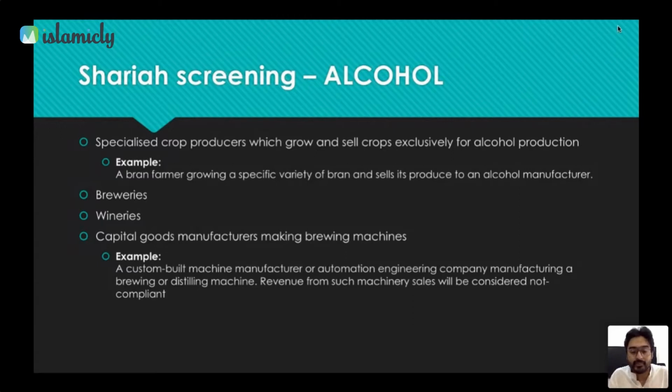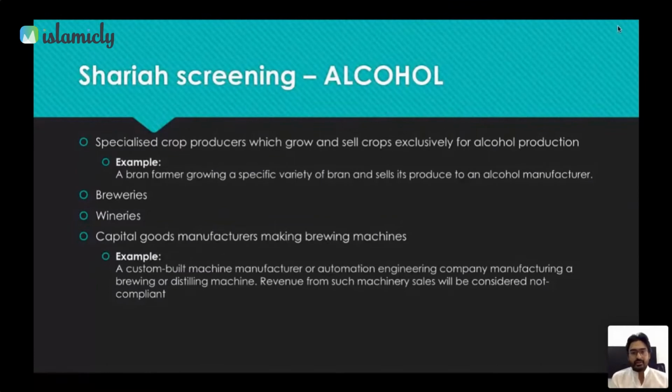We consider this non-compliant because it is specifically made to be used in the alcohol industry. For example, if a bottle manufacturer manufactures a bottle specifically to be used by an alcoholic drinks manufacturer, then that is considered non-permissible.